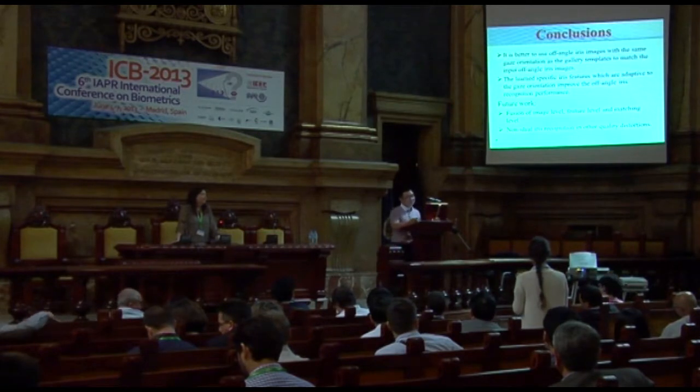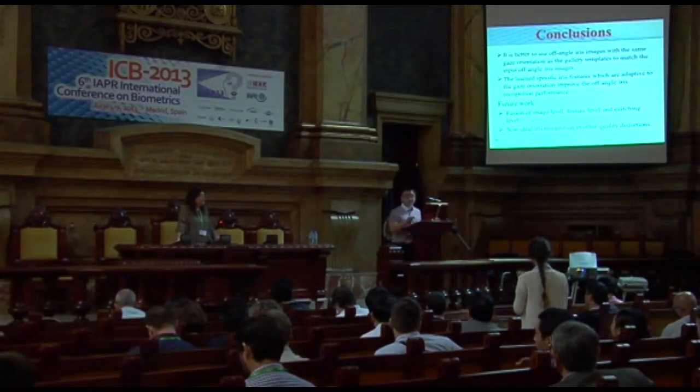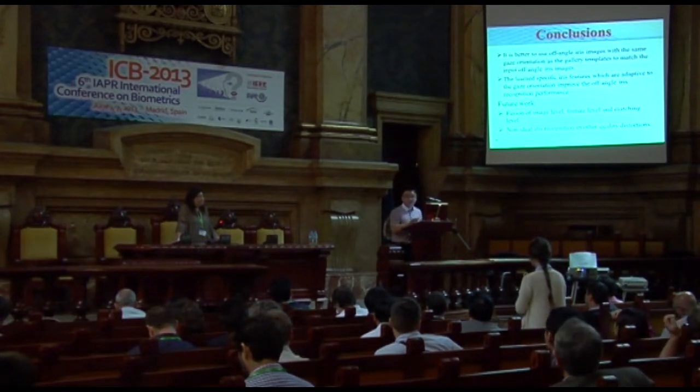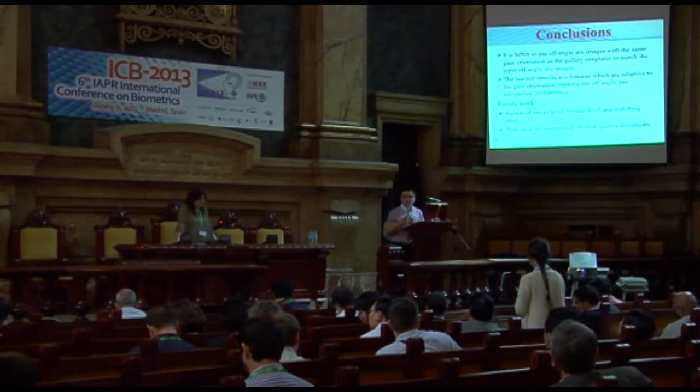Yes, we extract specific features for different off-angle categories, so there is no unified feature extraction stage. For example, in a traditional iris recognition system, after pre-processing we extract uniform features, and here they are different.